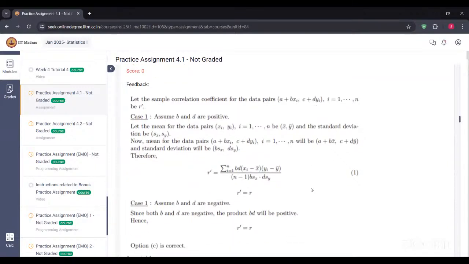So we have got the mean and we have got the standard deviation. If you put these values in the formula, it is basically the summation of, just a second, if you solve this.